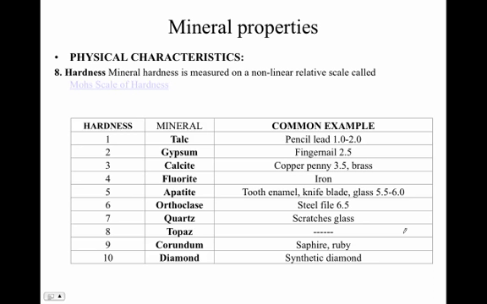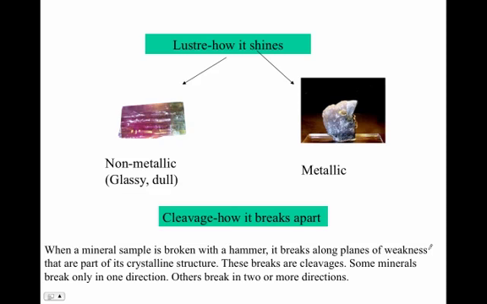Here it is again, another version of Mohs hardness scale. Again, these ones don't vary. However, if we don't have these particular minerals, we might have to use everyday common items on Mohs hardness scale to help us determine how hard the mineral is.